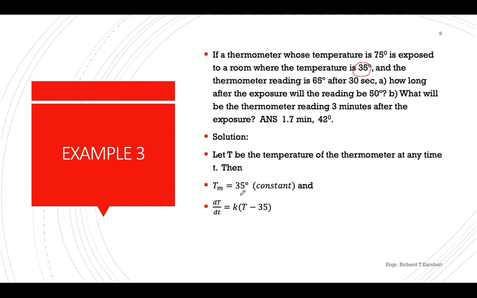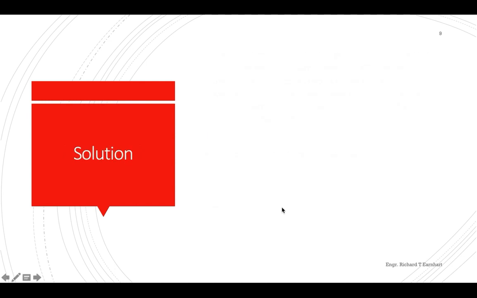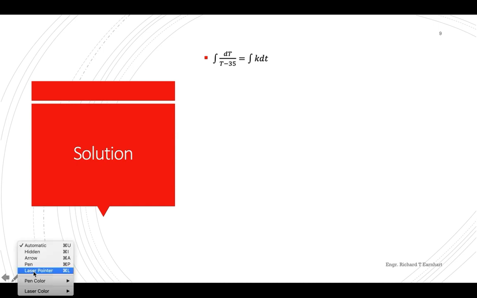That will always be your medium temperature. And then using Newton's law, the differential equation for the Newton's law of cooling will be this equation, and that is variable separable. So cross multiply your T minus 35 here and then integrate both sides.